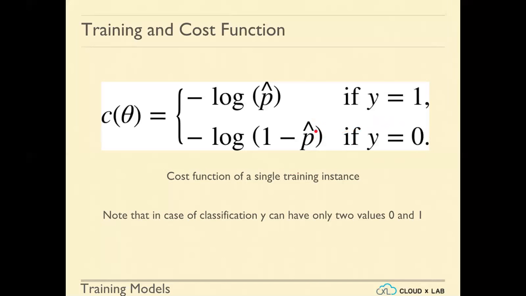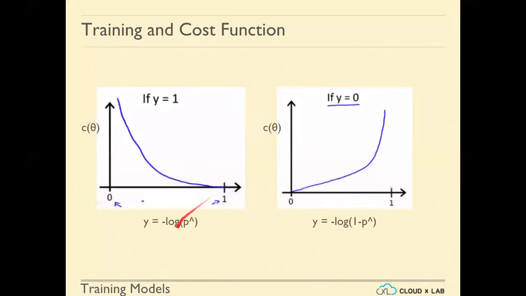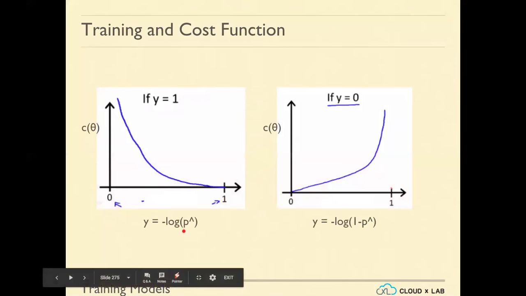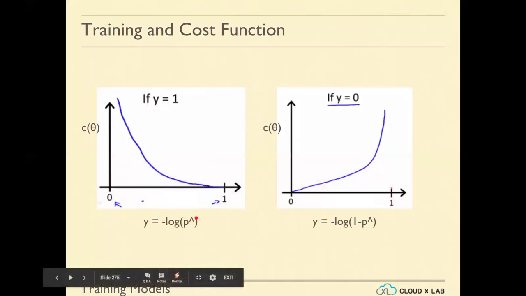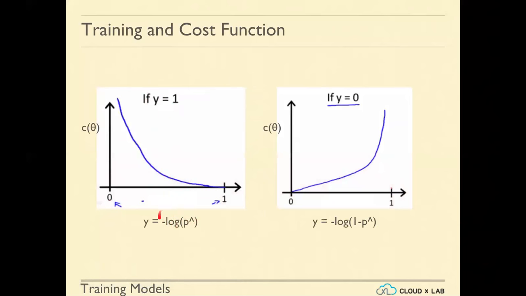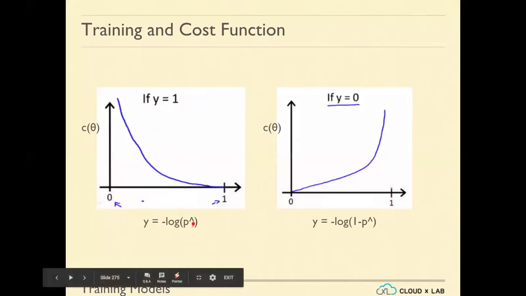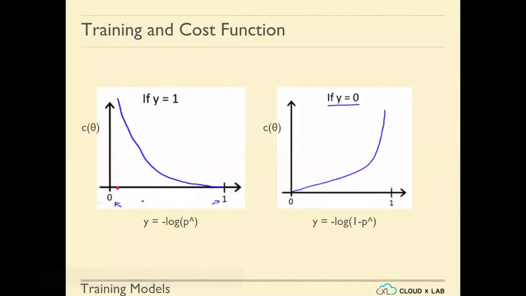Let's take a look at the outcome here. The probability is between 0 and 1, right? If y is 1, our cost function is like this, which means if the probability is between 0 and 1, this is how the cost is going to vary.